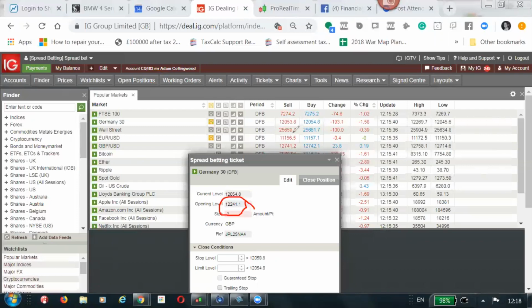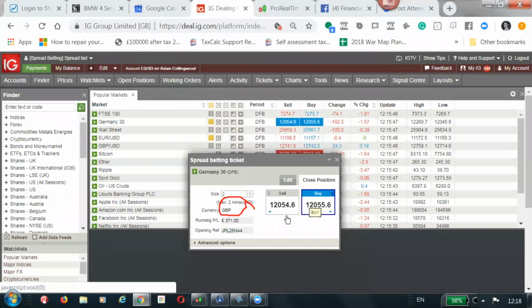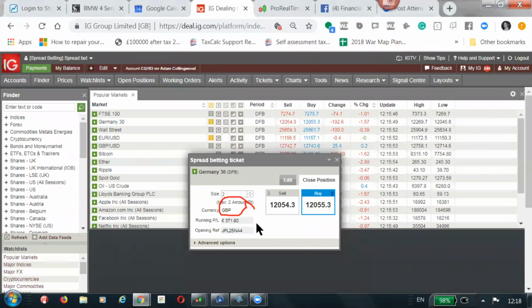If we look at the profit here, we can see it's 371.660, so it's about 180 pips at the moment.